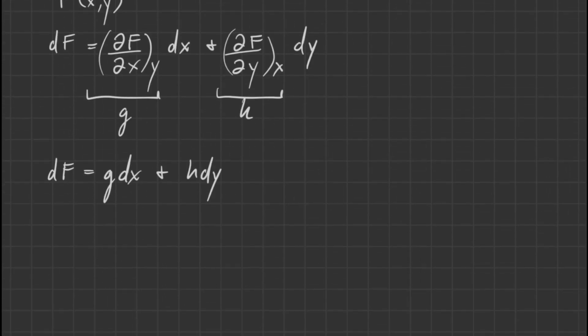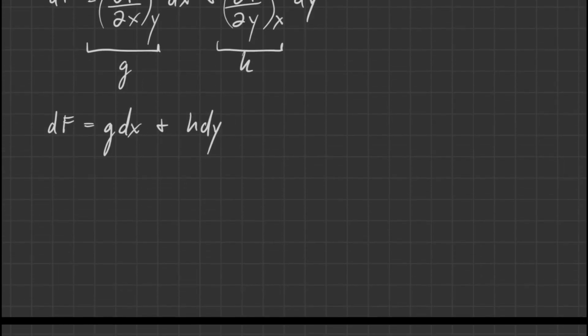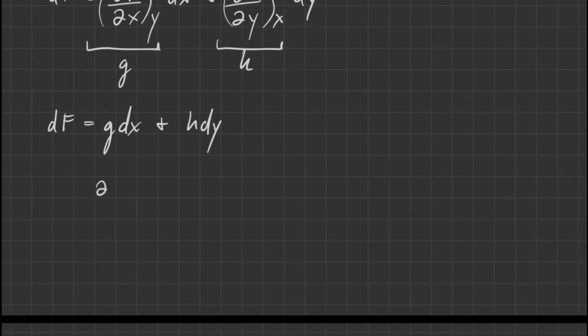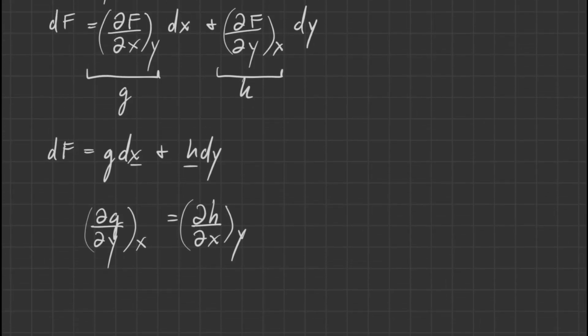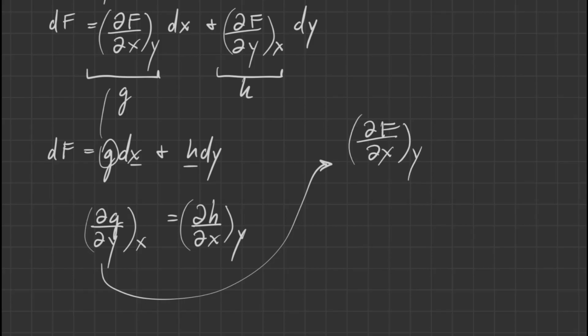Essentially the Maxwell relation states that if you evaluate the partial derivative of g with respect to y at constant x, that is equal to the partial derivative of h with respect to x at constant y. To see where this comes from, remember g is equal to the partial derivative of f with respect to x at constant y, and then you evaluate that with respect to y at constant x.